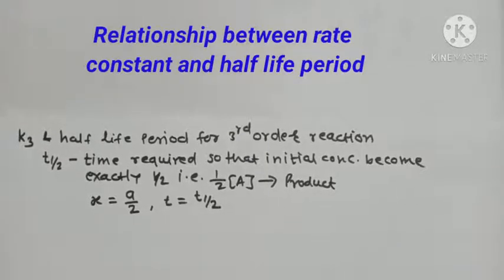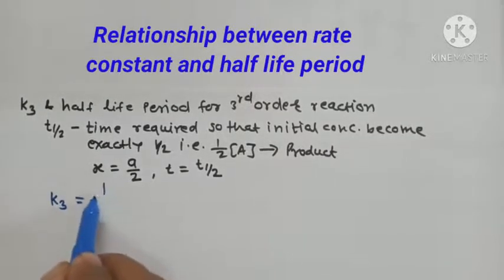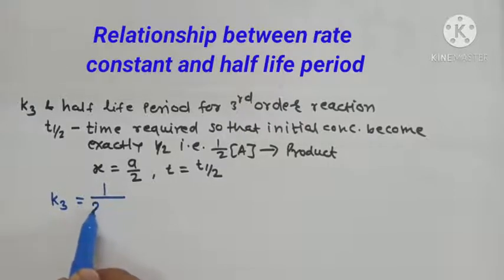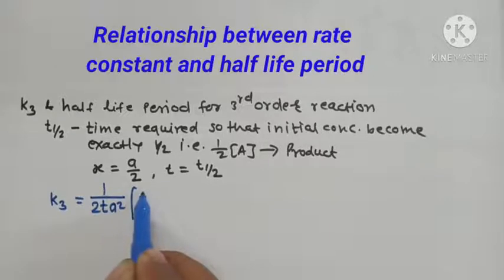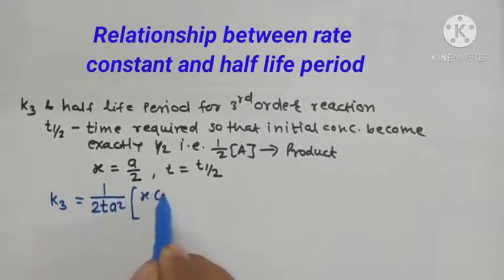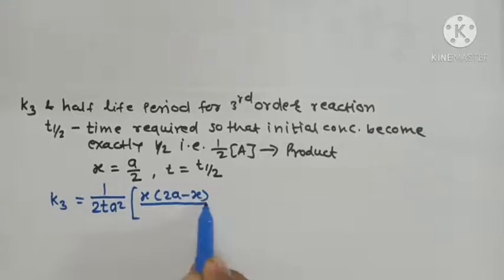So we have the equation for the third order reaction. Rate constant k3 is equal to 1 upon twice t, a raised to 2, multiplied by x into (twice a minus x) upon (a minus x) raised to 2.